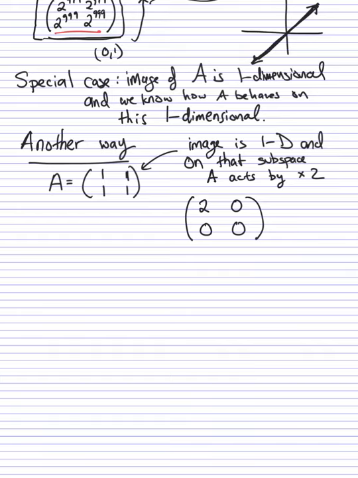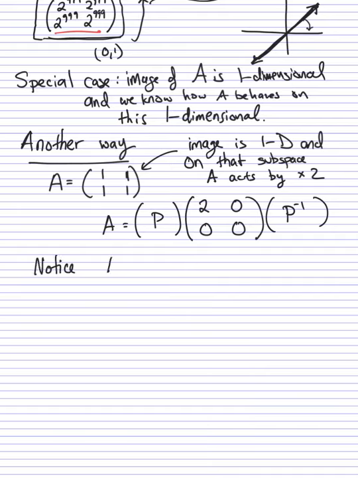And what we want to do is a change of basis, which takes this subspace to this one. In particular, what we want to write is A is some matrix P inverse times this matrix. So I'm going to say this is what we want. Why do we want this?